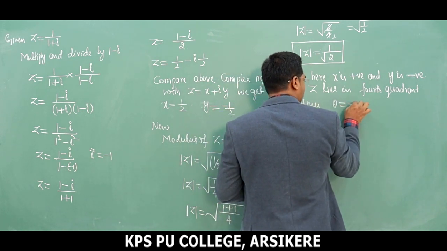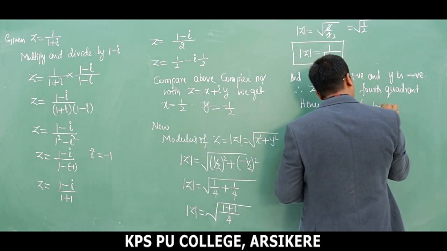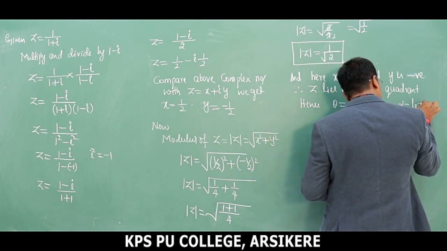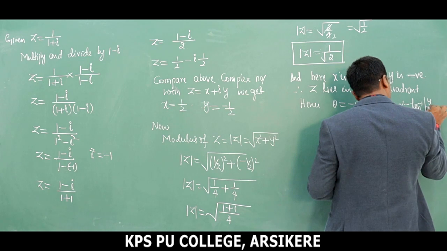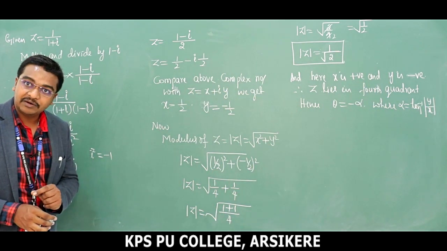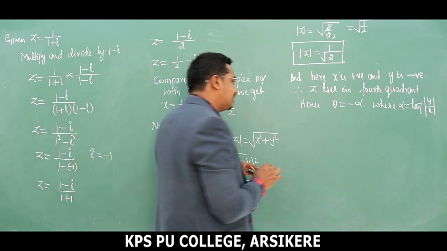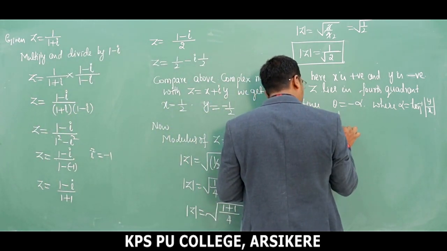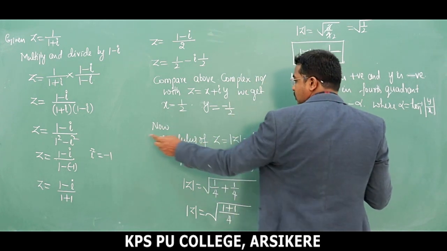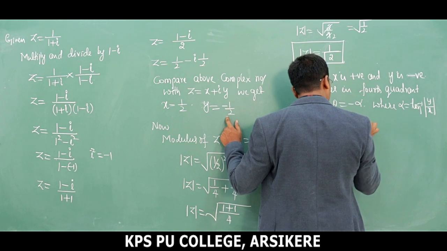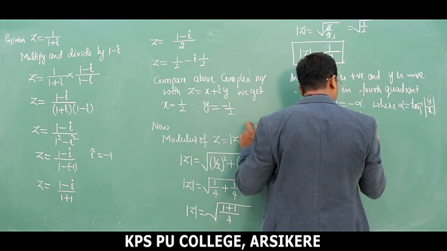theta is equal to minus alpha, where alpha is equal to tan inverse of modulus of y by x. Tan inverse of modulus of y divided by x. Now substitute values of x and y. Alpha is equal to tan inverse of modulus of, what is y here? y is minus 1 by 2 divided by 1 by 2.